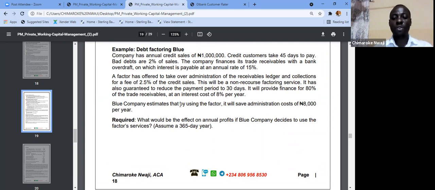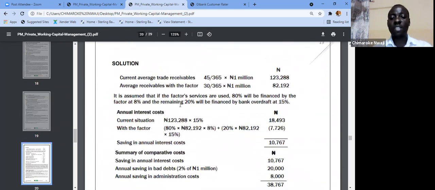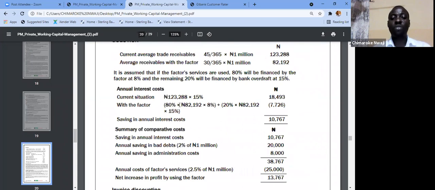Okay, so you are saving yourself those bad debts. 2% of 1 million is 20,000. And we said administrative savings, 8,000 naira. So all the savings that you'll be getting, savings in this, savings in that, gives you 38,767. This is the saving you are getting.